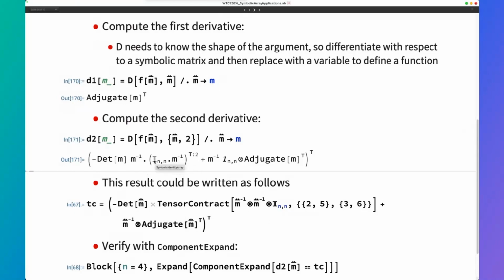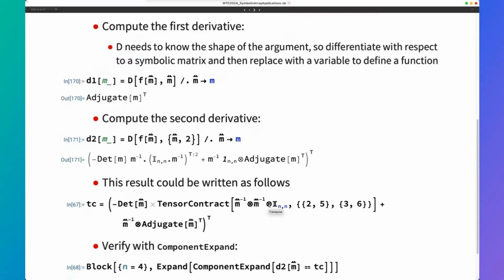Well, we're dotting m inverse into the last slot of this rank 4 array. Then we're sliding everything over by 2 and dotting the last index of m inverse into the first slot of the result.